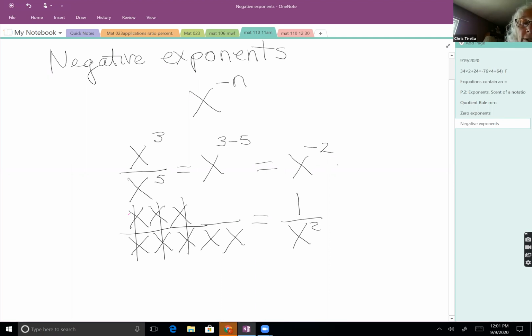And so, because they started from the same place, we get that x to the negative second means 1 over x to the second. And in general, if I have a negative exponent, it means I'm going to get a fraction. It's going to be 1 over the absolute value of that exponent.